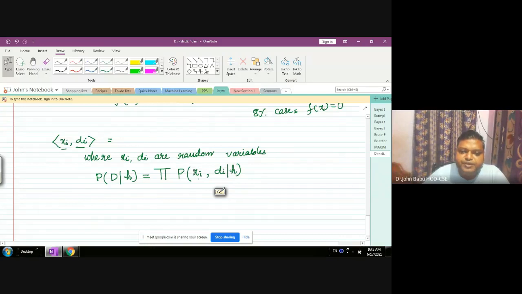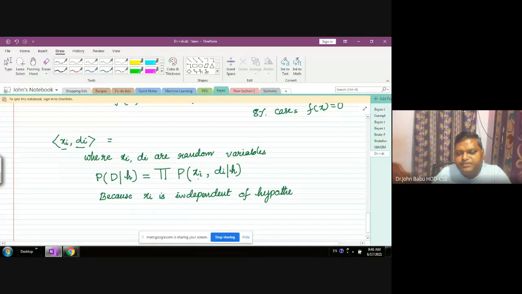That is, the hypothesis is not affected by the patient details. So because xi is independent of the hypothesis, the xi value will not depend on the hypothesis, but the di value will.